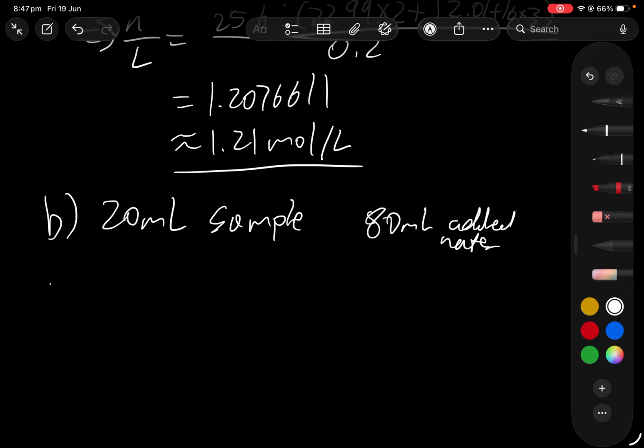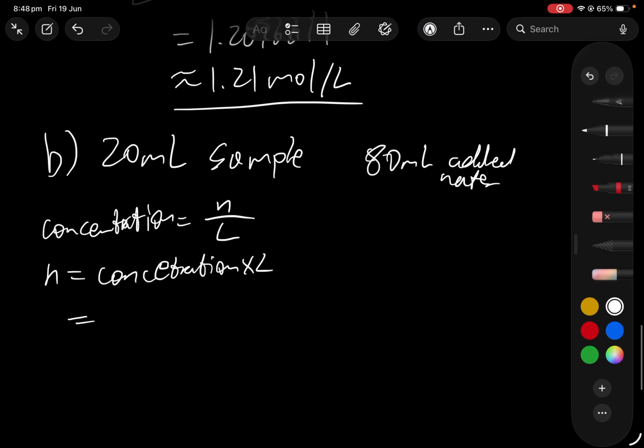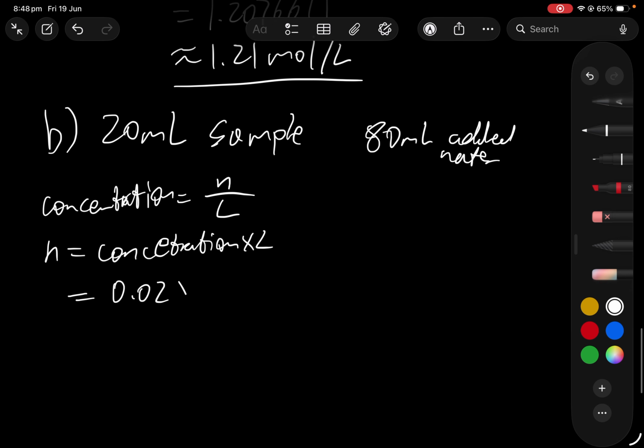Because concentration equals moles over liters, moles is concentration times L, which equals 0.02 times 1.21, and from the exact value on our calculators we get 0.024153222 moles.